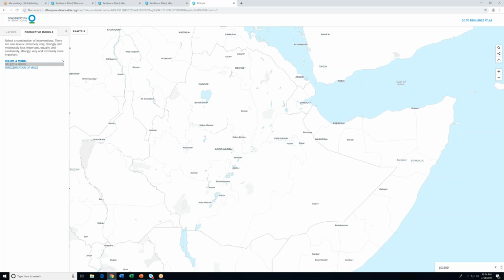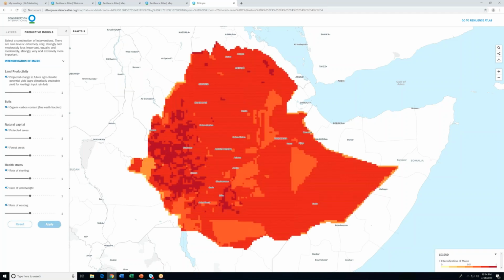Oops, I can click on it. So we have different parameters that are usually used for understanding where you can intensify a crop. But of course, as a conservation organization, we also want to consider natural capital, where forest areas exist, where protected areas are, because we don't want people intensifying crops in places where they're currently under protection.